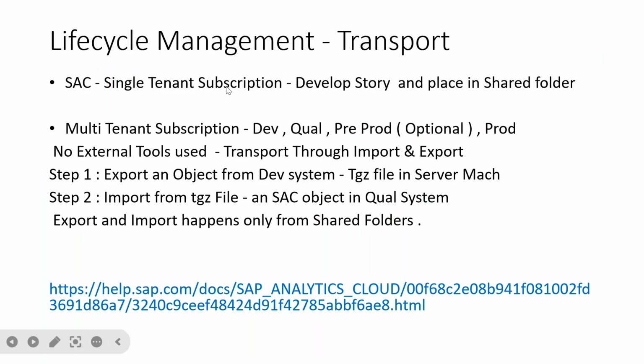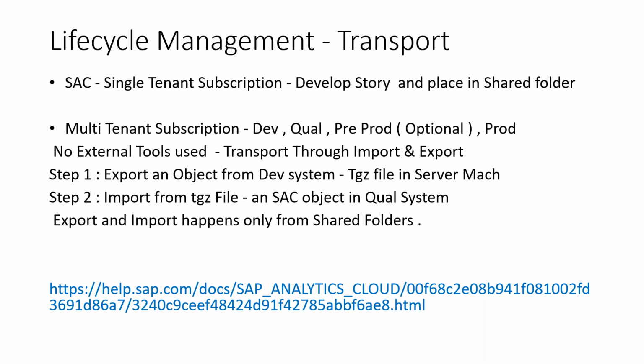See guys, SAP Analytics Cloud has two types of subscription: single tenant subscription and multi-tenant subscription. Generally most large scale industries go for multi-tenant subscriptions only, but a small scale company goes for single tenant subscription.